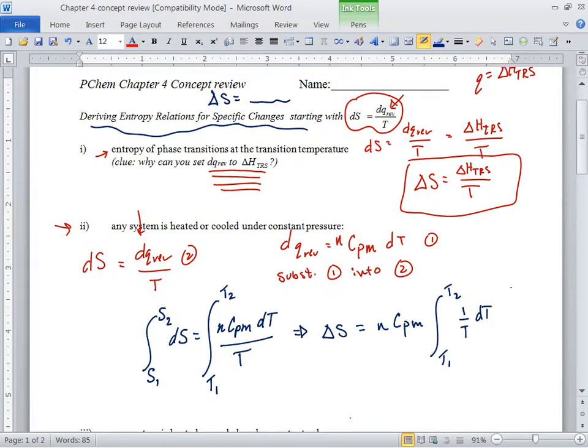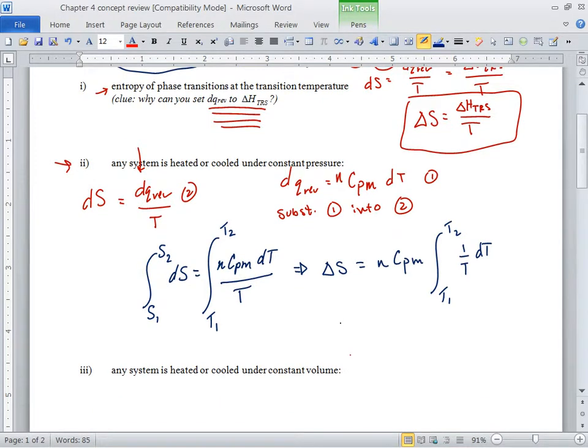Okay. So Shelby, how do I finish this then? Delta S is going to be nCPM, well, maybe not finish, but ln of T, evaluated from T1 to T2. Right? Take the derivative of the natural log, you get 1 over T. Okay.